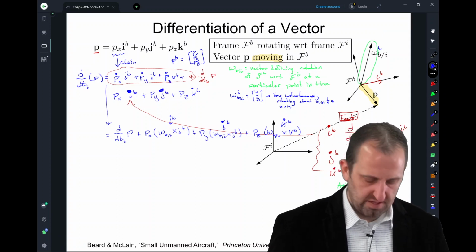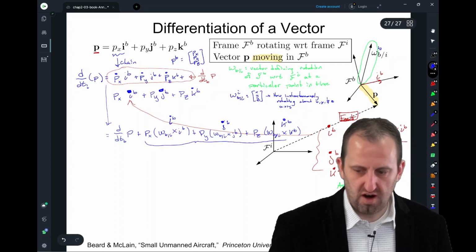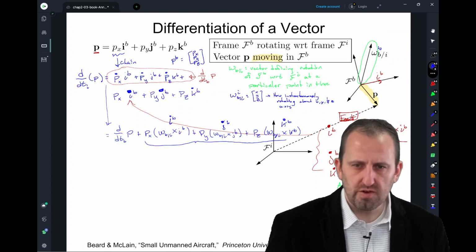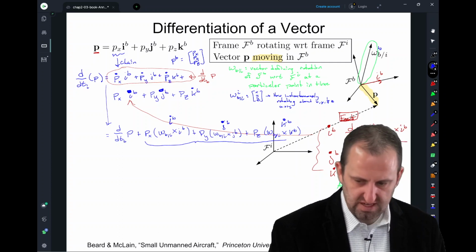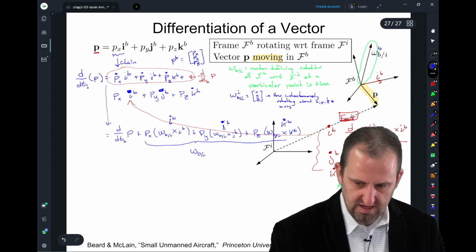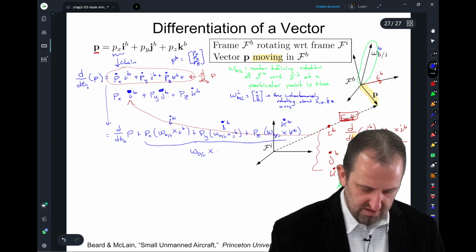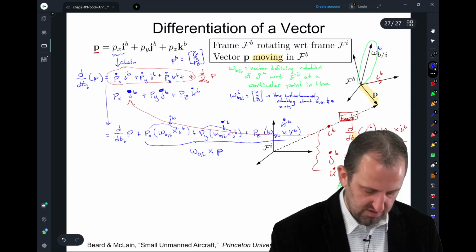If we look at these terms, we just have a bunch of cross products. If we were to write these all out, we could actually write these terms as the cross product between WB/I cross the vector P, which is kind of cool, because we have Px times IB, Py times JB, and Pz times KB.